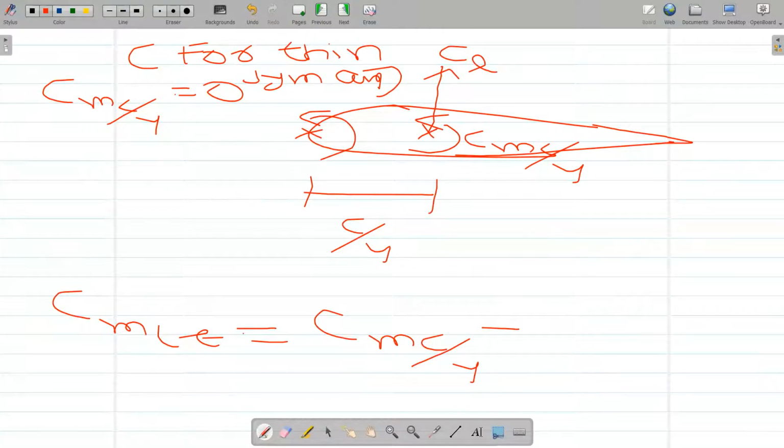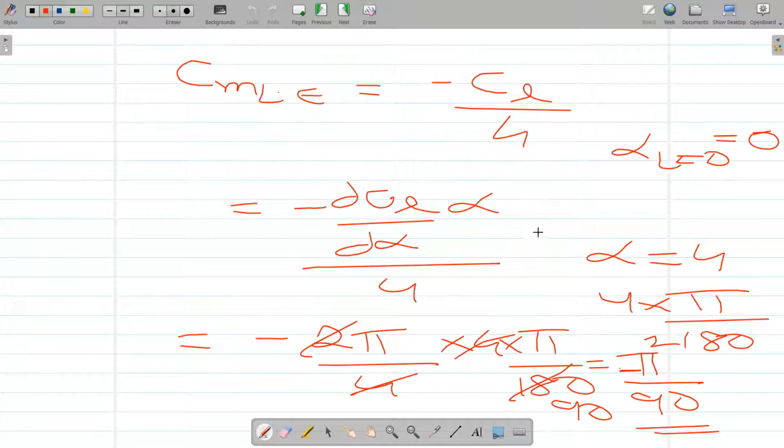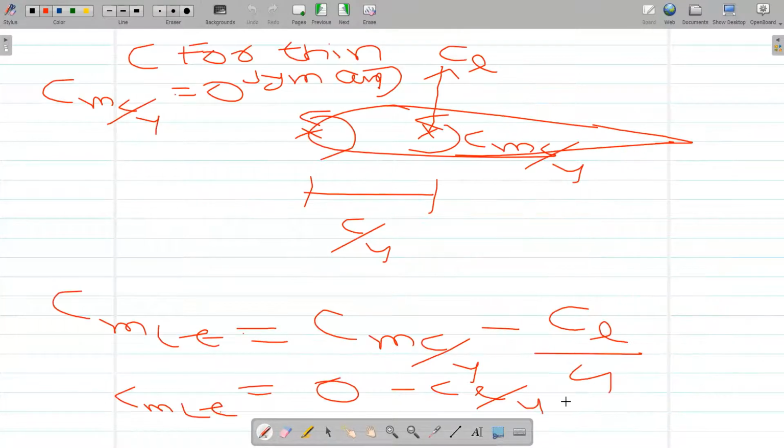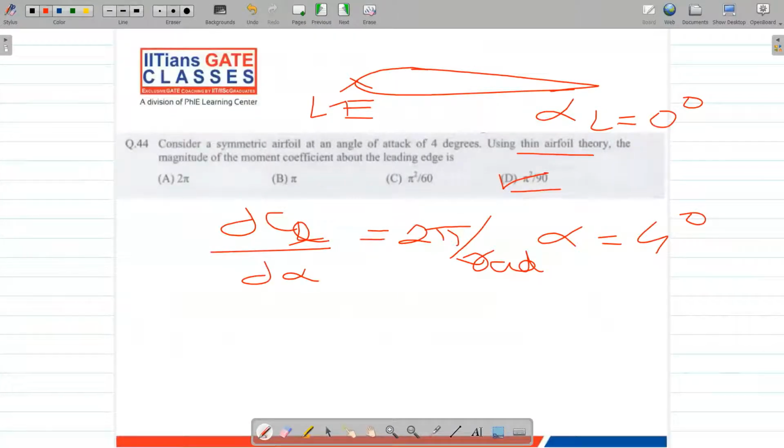That's nothing but CL into 1 by 4, since we are dealing with non-dimensional quantities. So the moment about my quarter chord is 0, and we get CL by 4. So this is basically the same straightforward equation that we saw and solved on the previous page. So again, you could always use a simple force balance and then solve it, or you could just use a straightforward formula to solve this problem, and then your right answer would be pi square by 90.